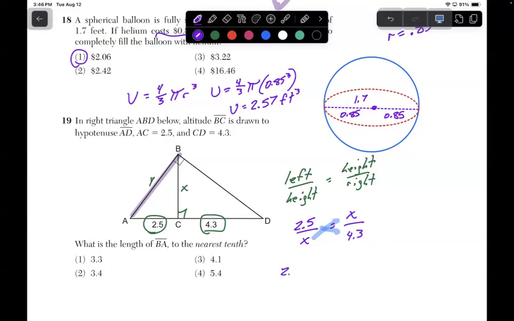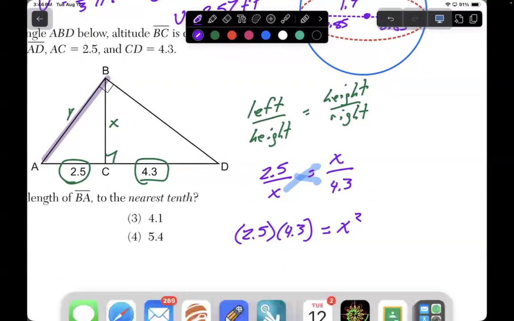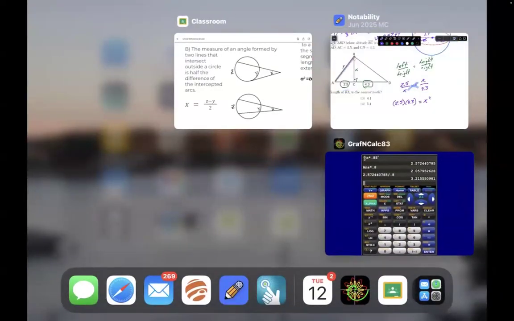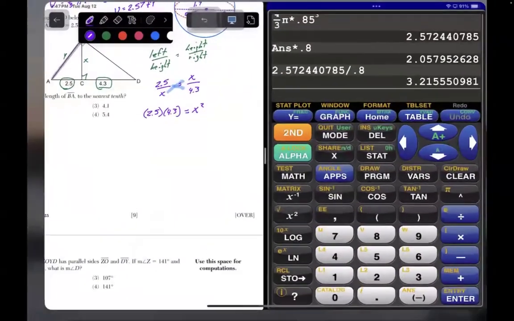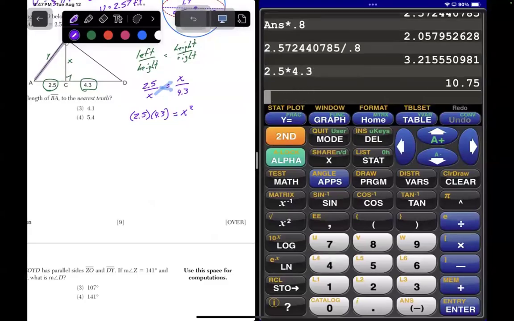So 2.5 times 4.3 equals X times X, or X squared. 2.5 times 4.3 is 10.75, which equals X squared.